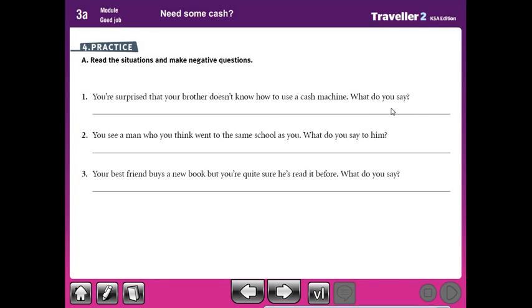What do you say? How to make a negative question here? Yes, don't you know how to use a cash machine? Or can't you use a cash machine? Because you are surprised that your brother doesn't know.